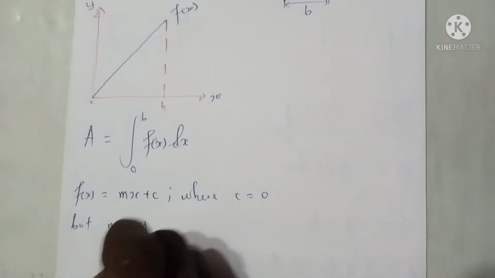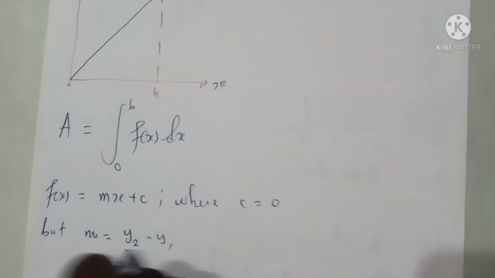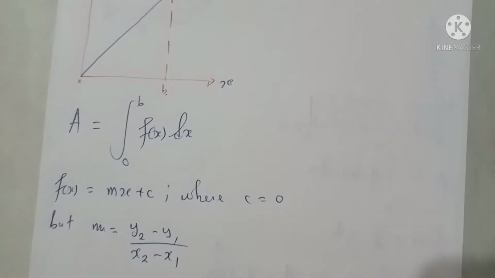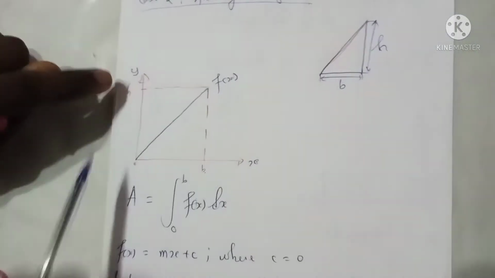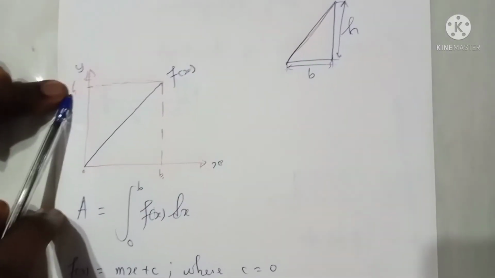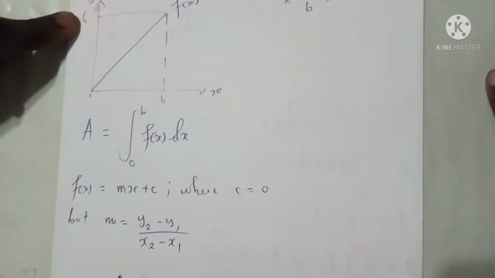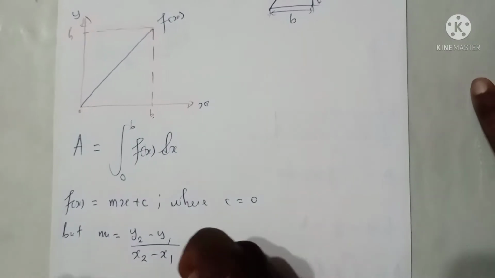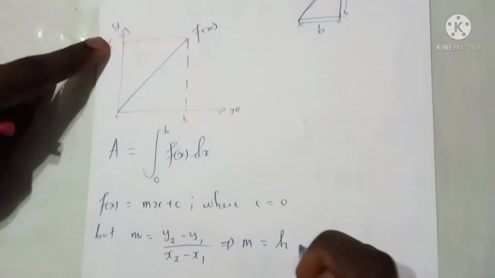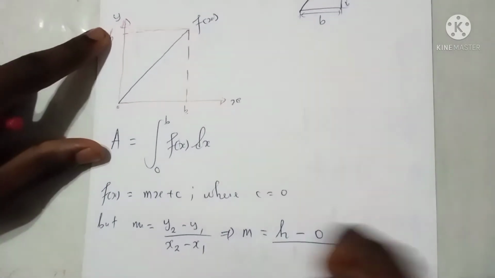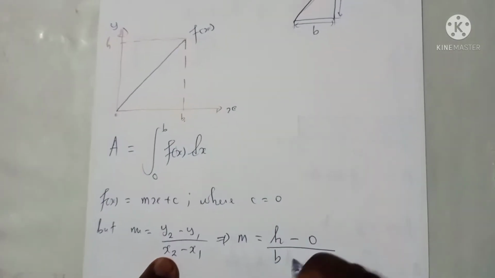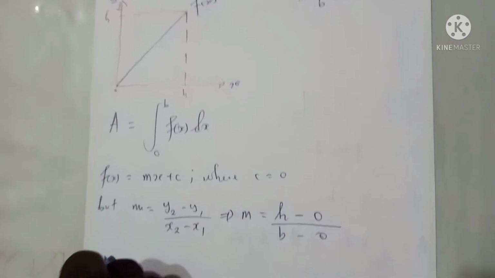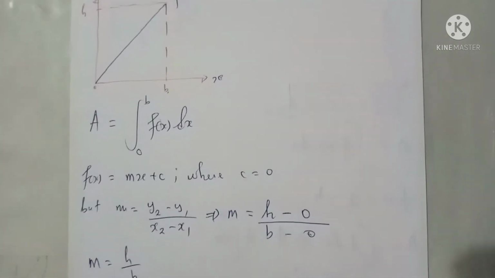Which is y2 minus y1 all over x2 minus x1. Our y2 is h, so m is h minus 0 all over b minus 0. Therefore, m is equal to h on b.